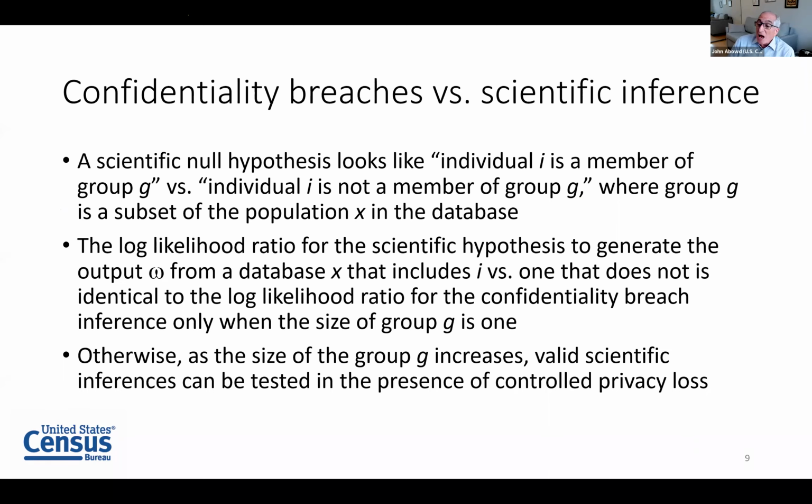Otherwise, as the size of group G increases, you can draw valid scientific inferences, meaning you can use the information in the likelihood ratio statistic to inform the hypothesis, even in the presence of controlled privacy loss. Your ability to do so clearly depends on how much data information you have about group G, but that isn't really different from other inference problems that we worry about.